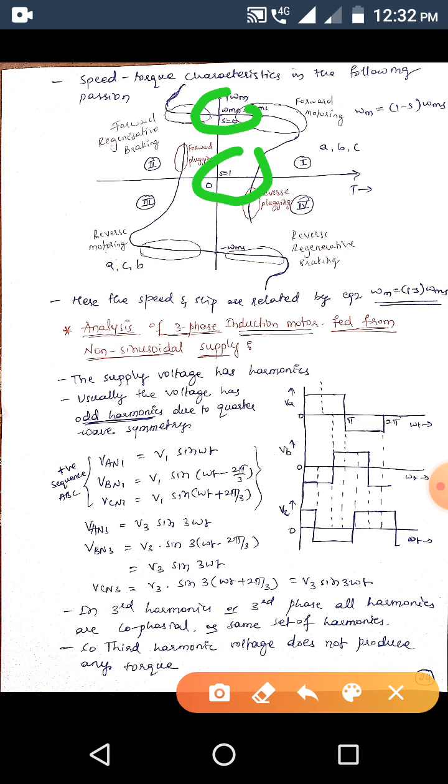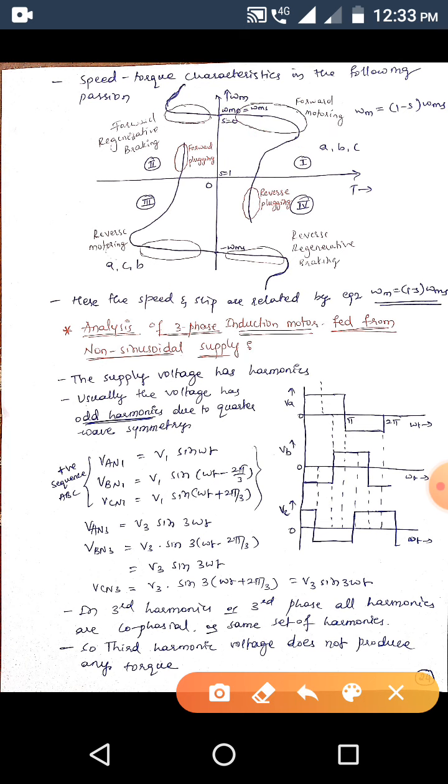So when we are drawing per phase, it is an equivalent circuit diagram. So all the three phases are in phase. That is, let us consider A, B, C are in phase. Whatever drive is rotating in the forward motoring, this is the forward motoring block, you can see this here.